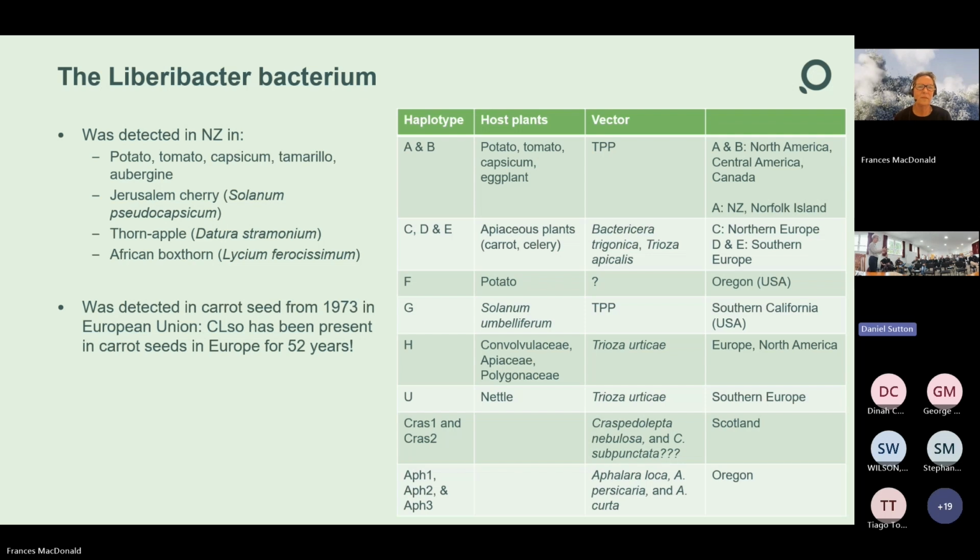So they still have the same name, and then we say haplotype A or B or F. So what you can see here is that we have quite a few different ones found now. And not all of them attack potato. So we've got A and B, and recently there was F as well that can live in potato.